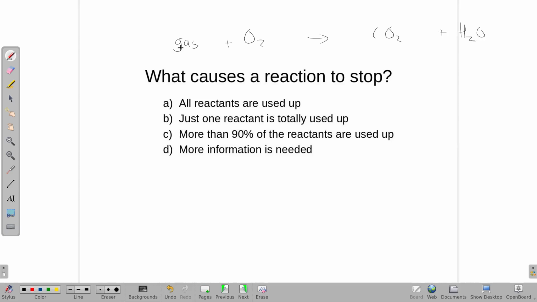Your car is a good example. It's very unlikely that a car stops because it runs out of oxygen, because there's plenty in the atmosphere. Now, if you were to do something silly, put your car in a garage, close the garage door, and fire it up, it will eventually run out of oxygen, and the car will stop.